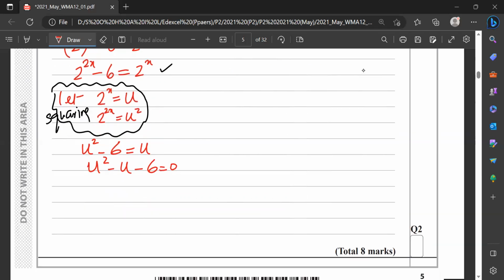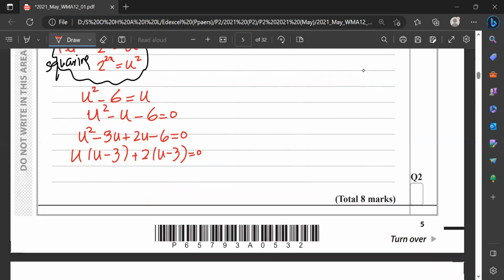Solving this equation: u squared minus 3u plus 2u minus 6 equals 0. u is common, and u minus 3 plus 2 is common, so (u minus 3)(u plus 2) is equal to 0. And we have two values for u.